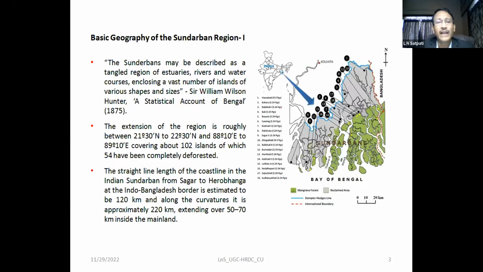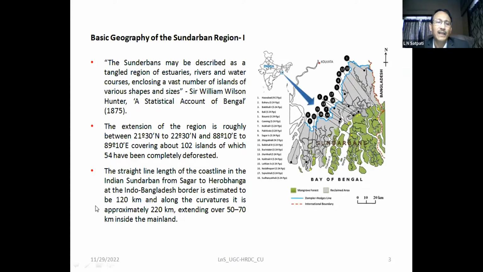So we can understand from the perspective of W. Hunter, in his Statistical Account of Bengal, he has very rightly pointed out that this region is a very complex region compared to the other parts of the country.